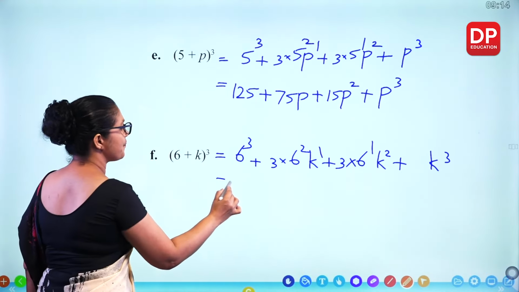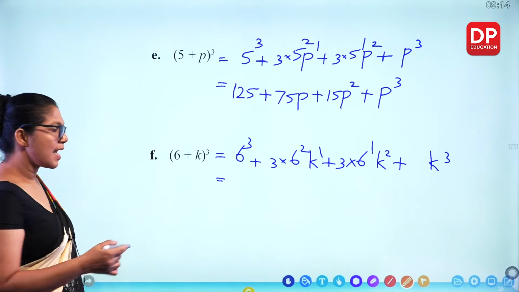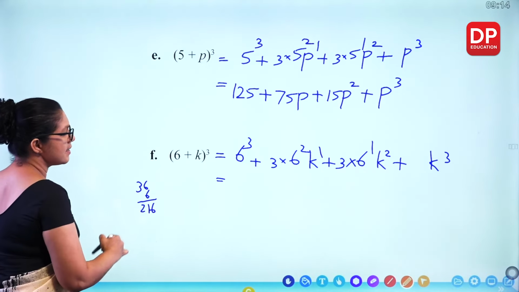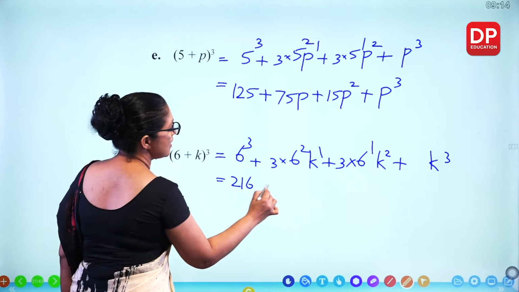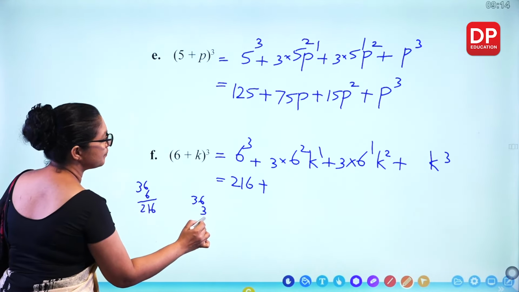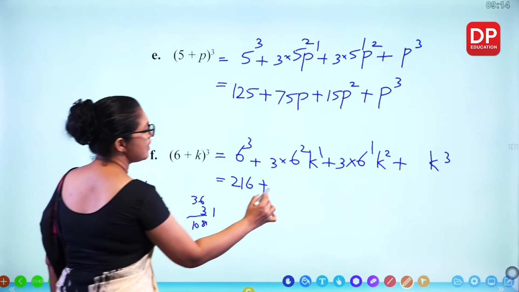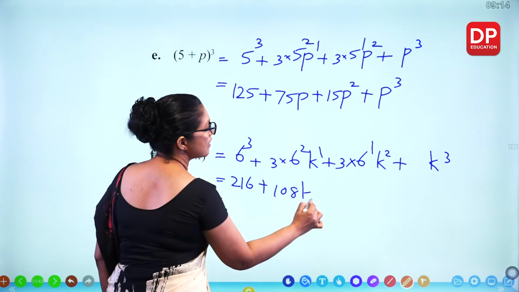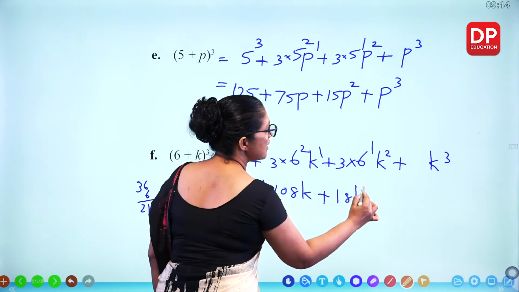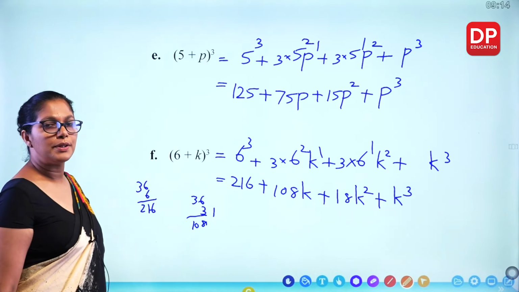So what's the pattern? 6 times 6 times 6. 36 times 6, you get 216. 6 times 6, 36. 36 times 3, 108. 6 times 3 is 18. And you get k cube.